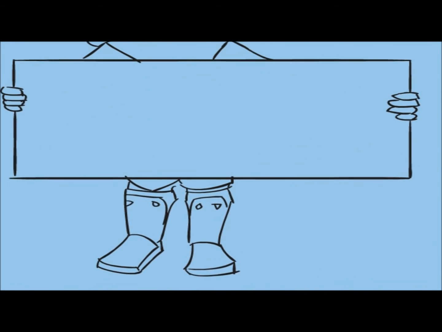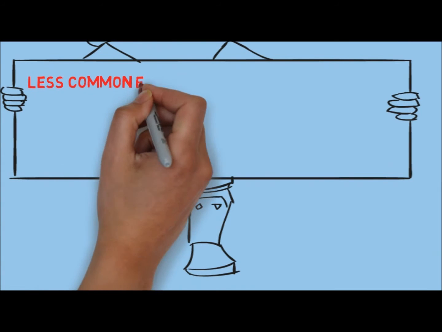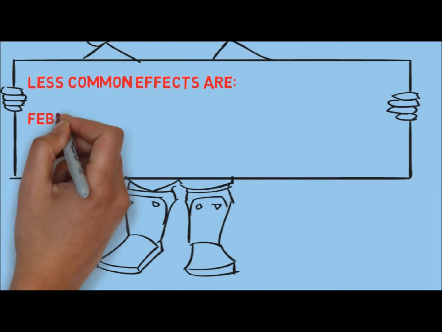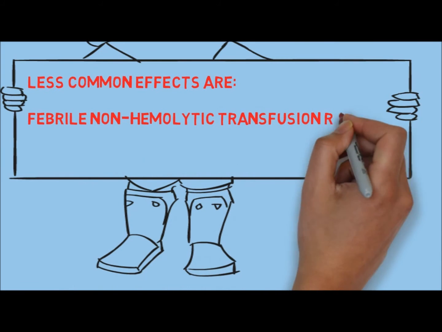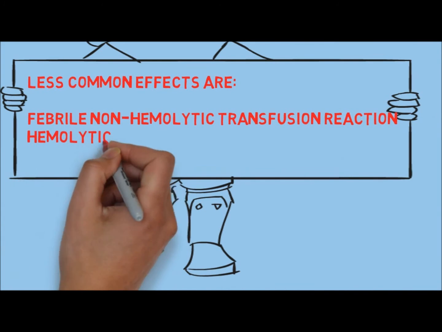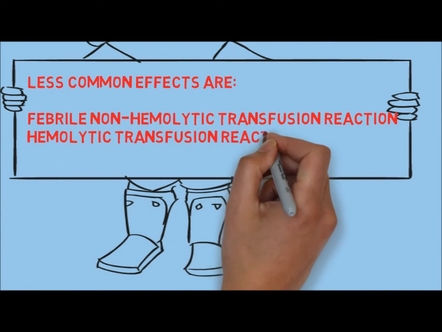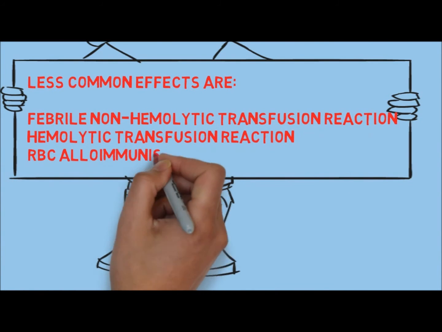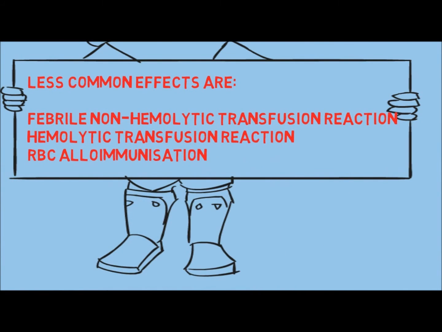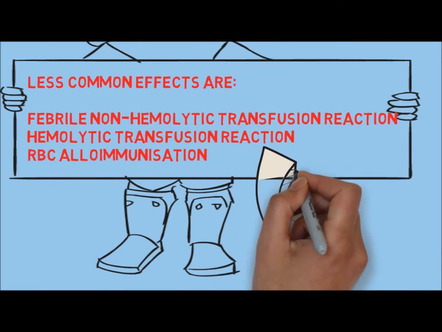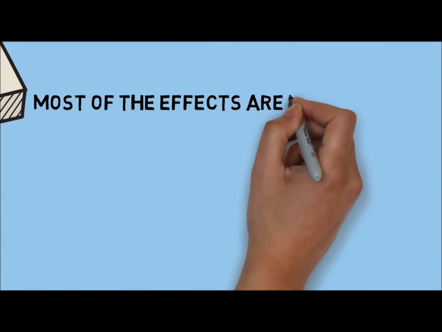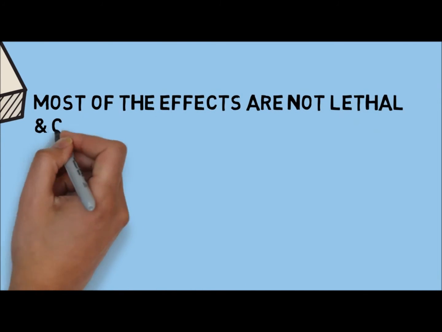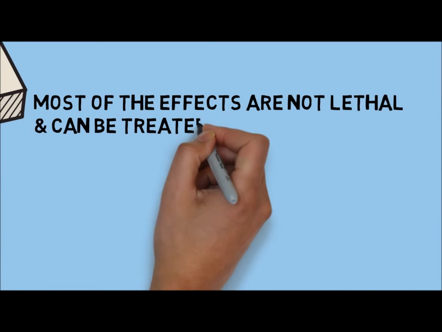But we do have some less common effects of FFP transfusion, and they are as follows. Febrile non-hemolytic transfusion reaction. Second, hemolytic transfusion reactions, and RBC alloimmunization. We also have many more other effects. However, most of these effects are known to be not lethal and can be treated adequately clinically.